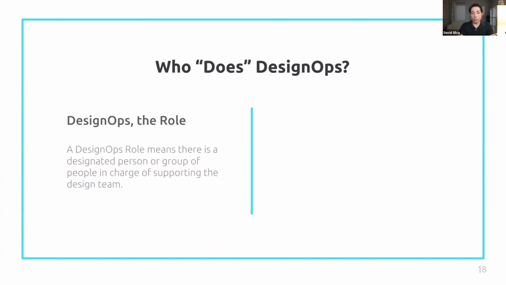Design ops, the role. This means that there is one designated person or a group of people who are going to be supporting the team on all the operations, so that they can focus on actually getting some work done and designing and doing what they do best.